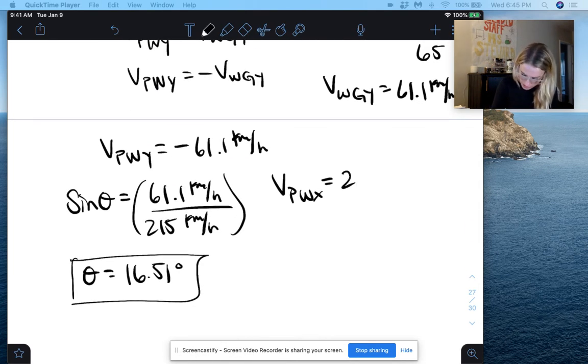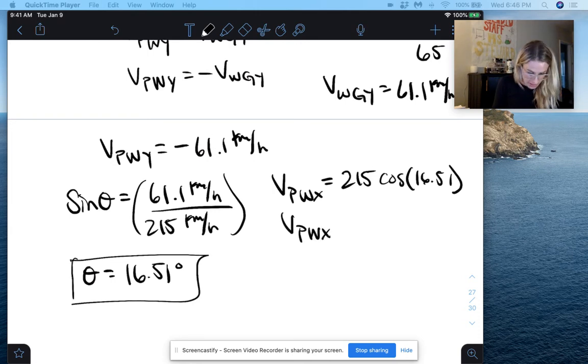So 215 times the cosine of 16.51. Taking the cosine of that and multiplying by 215, we get the velocity of the plane relative to the wind in the x direction is equal to 206.135, so about 206.14 kilometers per hour.